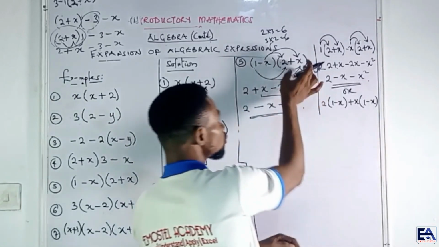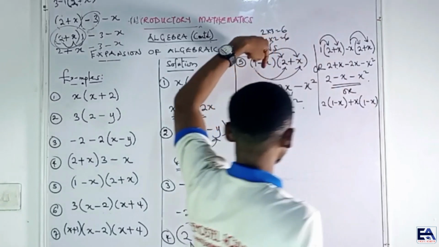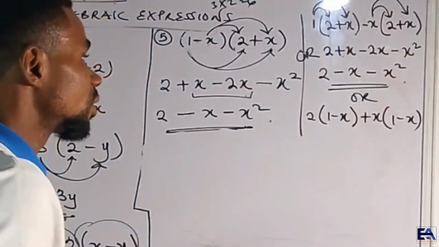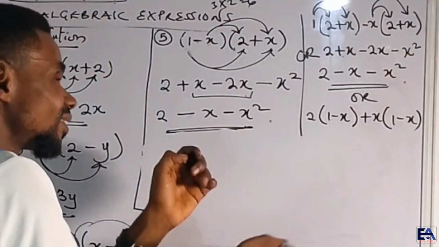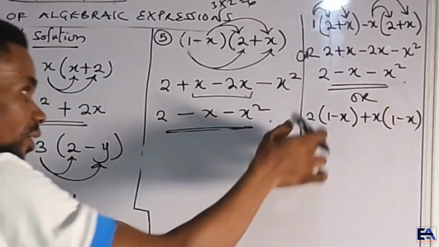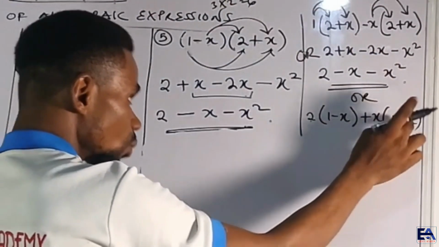So we want to distribute 2 plus x across 1 minus x. Initially we distributed 1 minus x across 2 plus x. This time around we are doing it the other way around. So we have 2 times 1 minus x, plus x times 1 minus x.